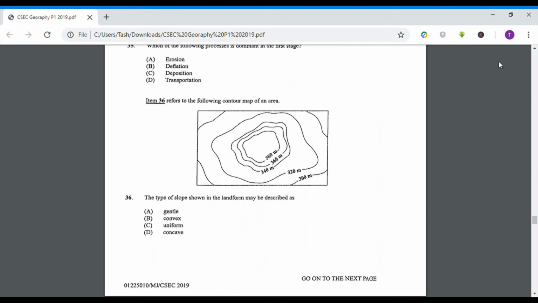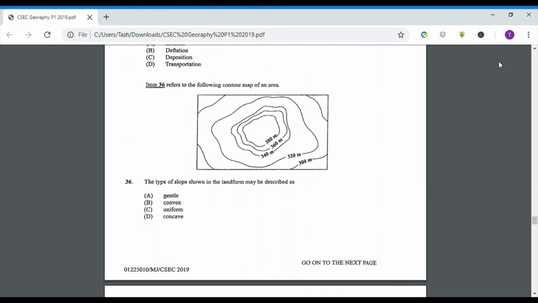In this case, we are looking at a concave slope, so our answer for number 36 would have been D. Concave slopes, the contour lines are far apart at first, but they become closer together at the higher lands. It is not uniform. We can see that based on how the contour lines are set out, and it is not convex either. So for 36, our answer would have been letter D.